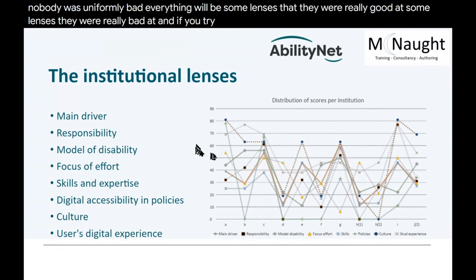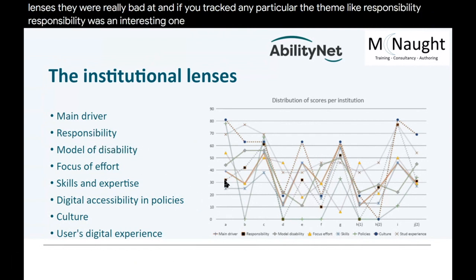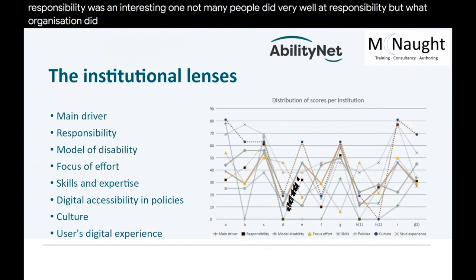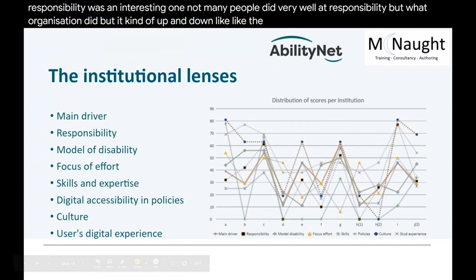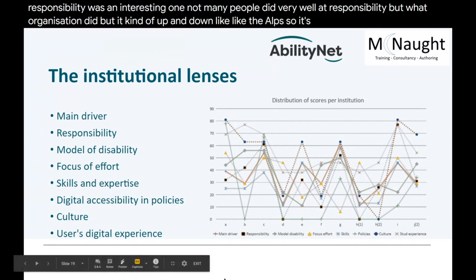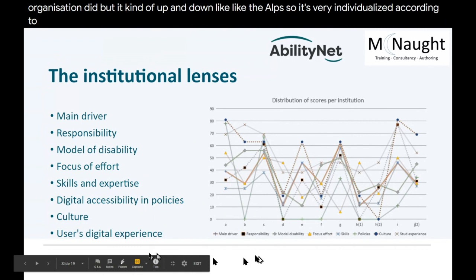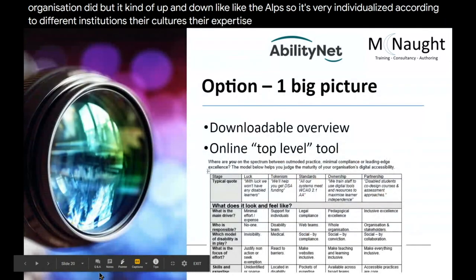And if you tracked any particular theme, like responsibility, well, actually responsibility was an interesting one. Not many people did very well at responsibility, but one organization did, but it went up and down like the Alps. So it's very individualized according to different institutions, their cultures, their expertise, their background.